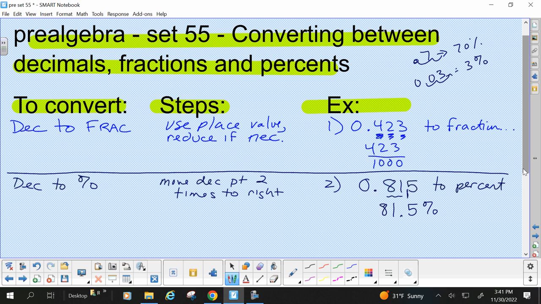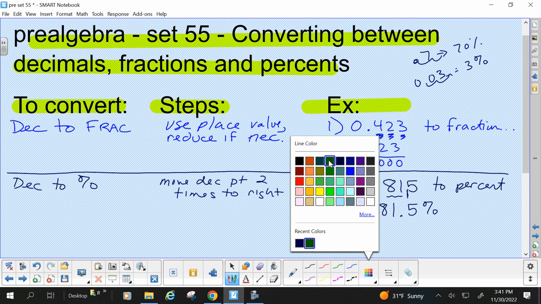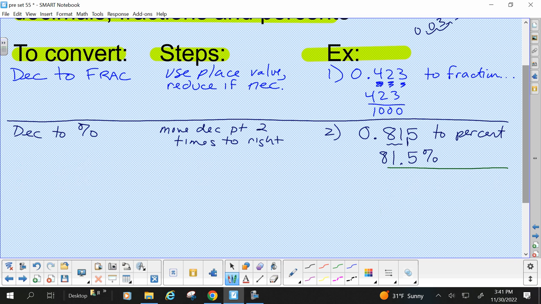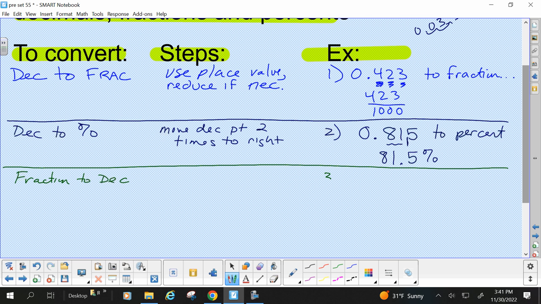All right. Let's go on to another conversion. Let's go fractions to decimals. For example, if I had 3/7 and I wanted to make it a decimal.